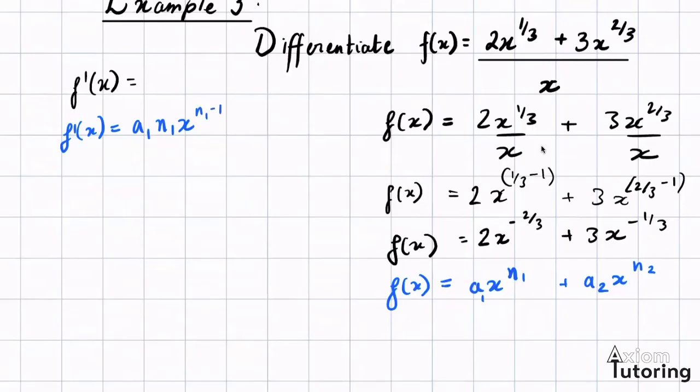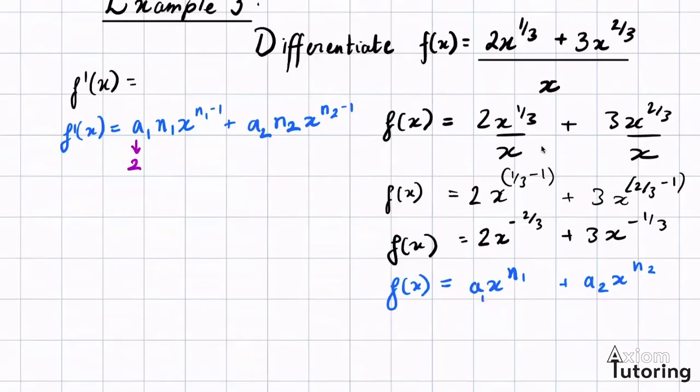And then we do the same thing for the second term. So that's going to be plus a2 remains, we bring down n2, and then we have x to the power of n2 minus 1. So if we stick in some values from our function, we can see that a1 is 2.